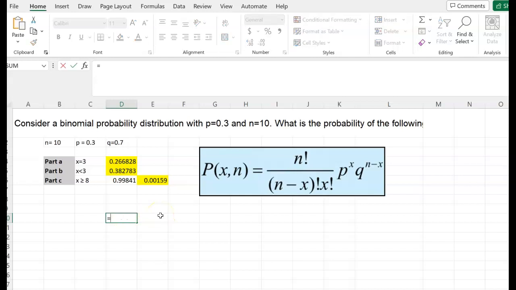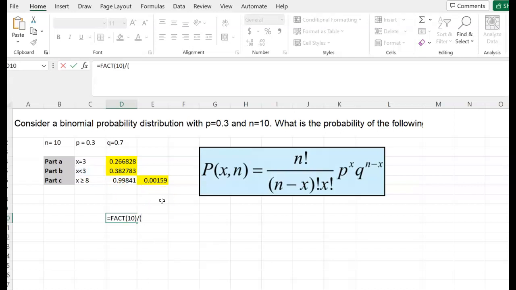On the top, we're going to have the factorial of n, which is 10. Then we are going to divide by n minus x factorial. So n is 10 and x is 3, so 10 minus 3 would be 7.